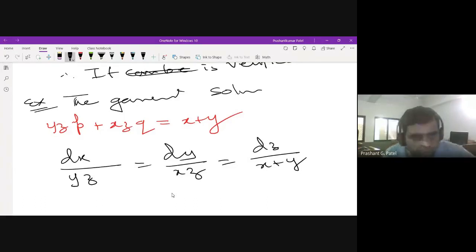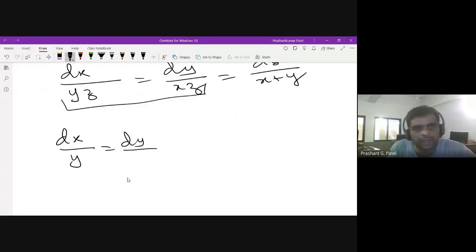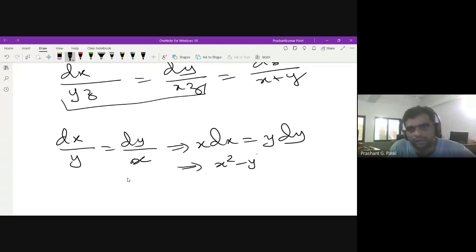You just observe that if you compare these two, then z will get cancelled. So it is dx upon y equal to dy upon x. So this gives me x into dx is equal to y into dy. So that will lead to x square minus y square is equal to c1. Okay, and if you add the first two, we will have dx plus dy.